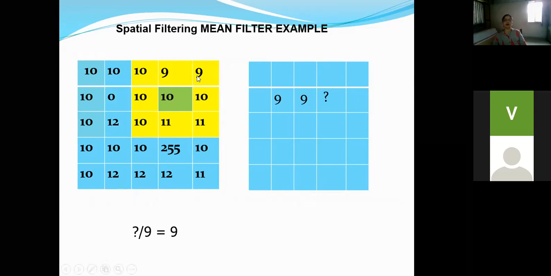Now tell me what is the new value of the next pixel. Now this is your last pixel, the third pixel, and we are considering this neighborhood, indicated in yellow color. Follow the same process, just add all these values and determine the new value of the pixel. So what is your answer?